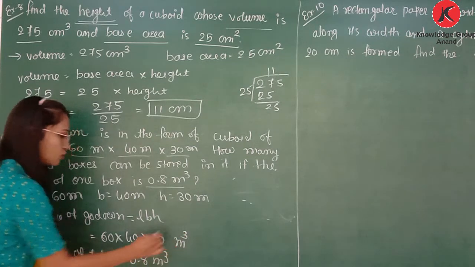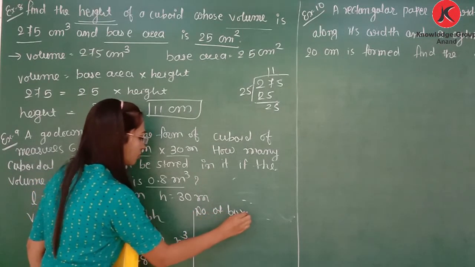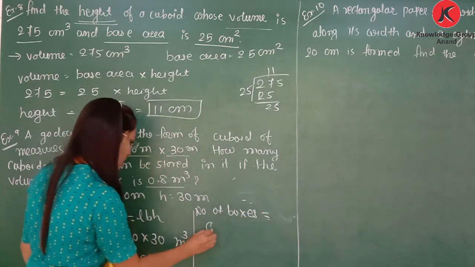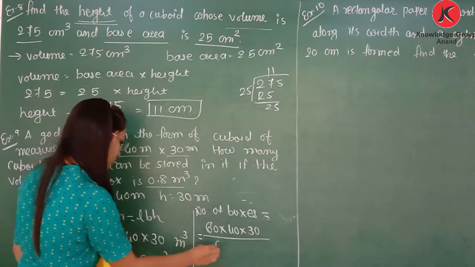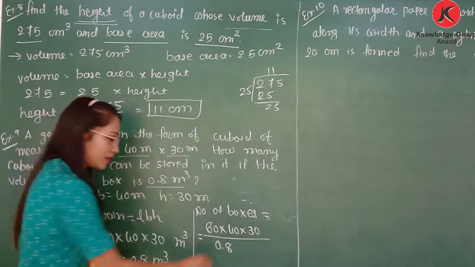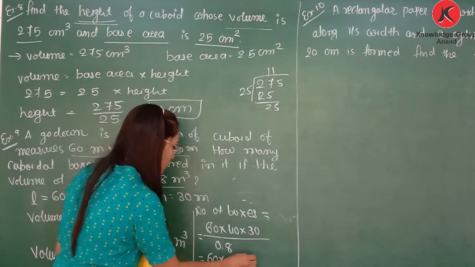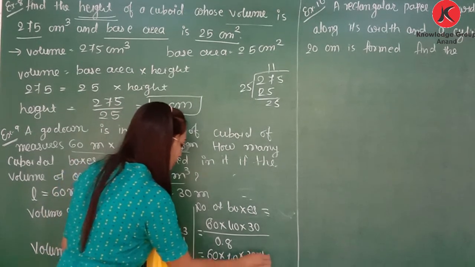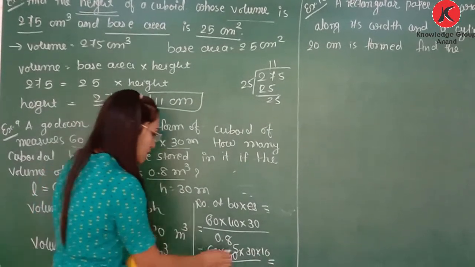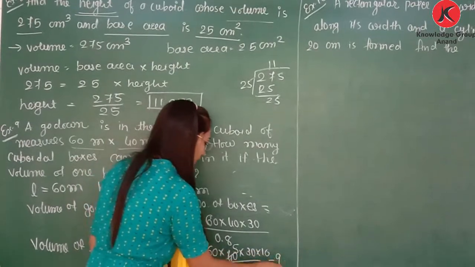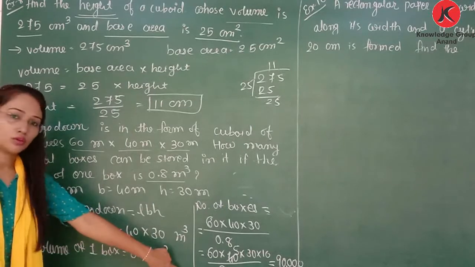This is also in meter cube. So the number of boxes will be given by 60 multiply 40 multiply 30 divide 0.8. Now take 0.8 as 8: 60 multiply 40 multiply 30 divide 8. 6 5 are 30, 33, that is 900, so it is 90,000 boxes that can be placed in the godown.